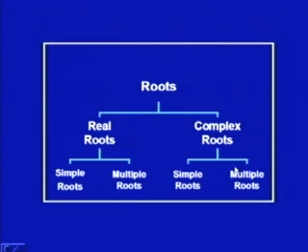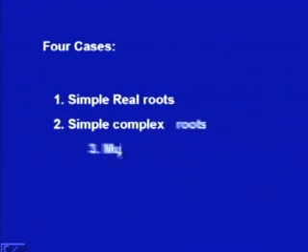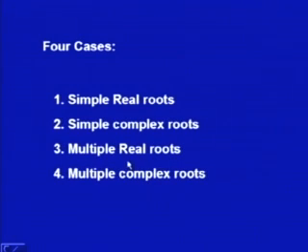Similarly, in the complex roots also we can have simple roots, that would be a conjugate pair, or that conjugate pair is being repeated many times, that is the multiple roots. That is, in all we have got 4 cases: simple real roots, simple complex roots, multiple real roots and multiple complex roots. Let us see one by one all these 4 cases and what will be n linearly independent solutions in all these 4 cases.